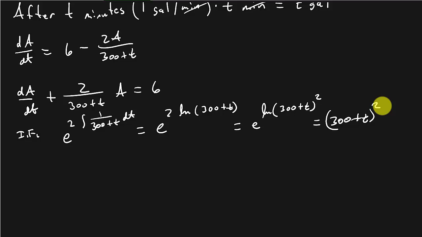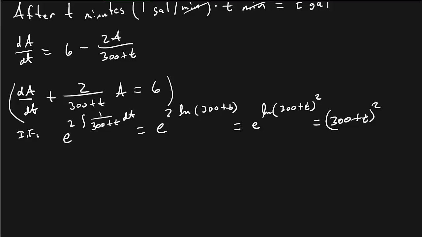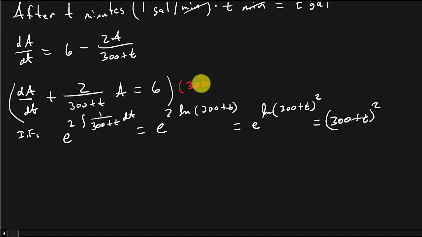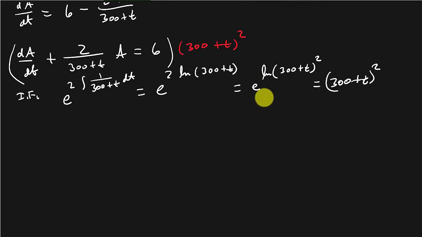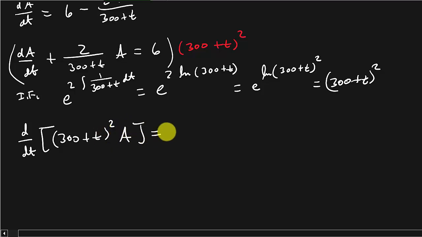So what do we do now? Well, we have to multiply both sides of this by our integrating factor. And once again, remember, when you multiply the left-hand side by the integrating factor, that's going to be d/dt of the product of the integrating factor times A. And that's going to be 6 times (300 plus t) squared.